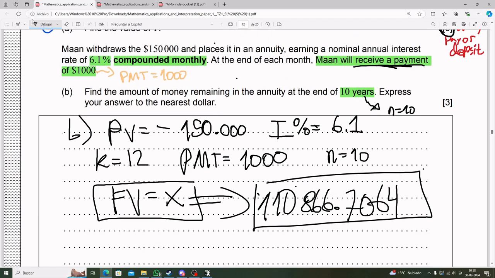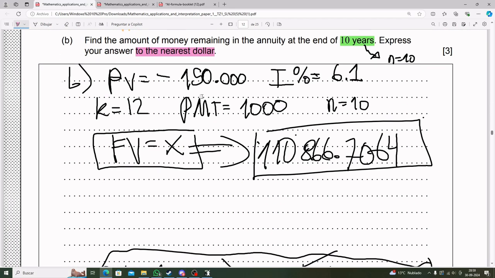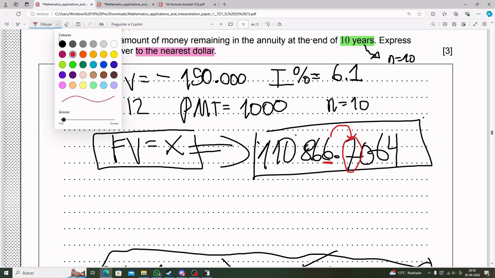And it's not good enough because here they tell us to express your answer to the nearest dollar. And so we're expressing it to the nearest dollar. Basically, you need no decimals. And so you have to evaluate, do you round this number up or keep it the same? This is 5 or above. It's at 7, ¿cierto?